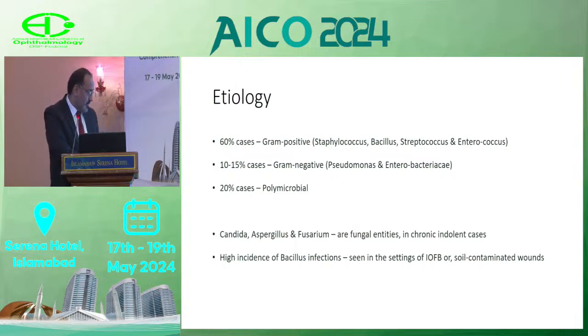Rarely we can have fungal endophthalmitis. The cause may be Candida, Aspergillus, and Fusarium. And again, if there is a setting of intraocular foreign body, the cause may be Bacillus cereus, which is again a very noxious type of organism.